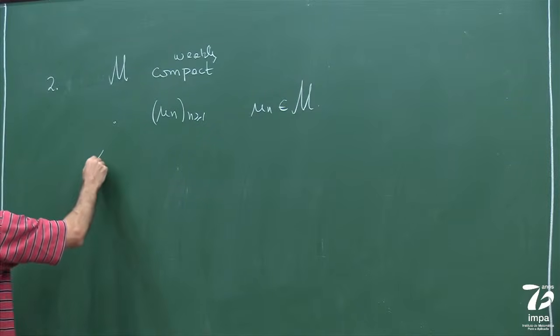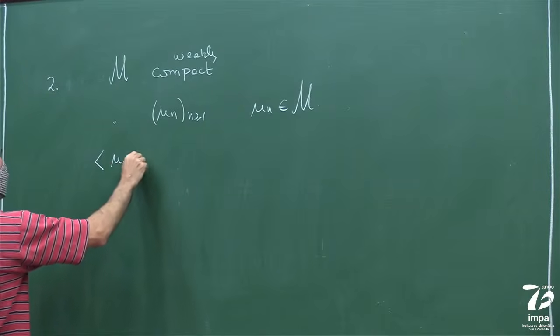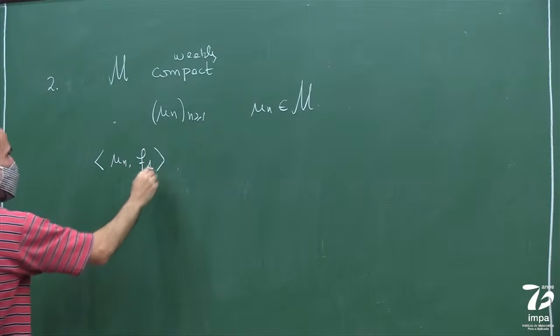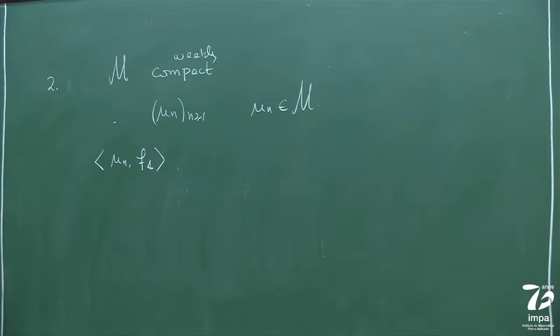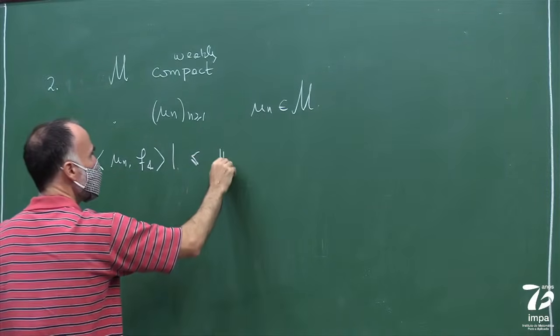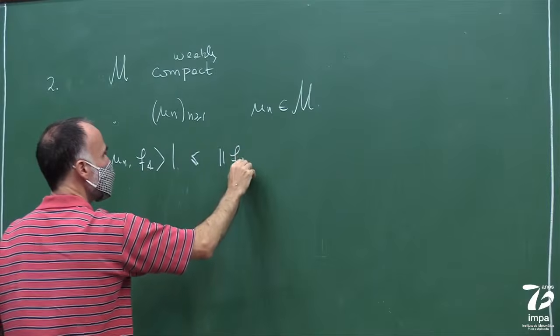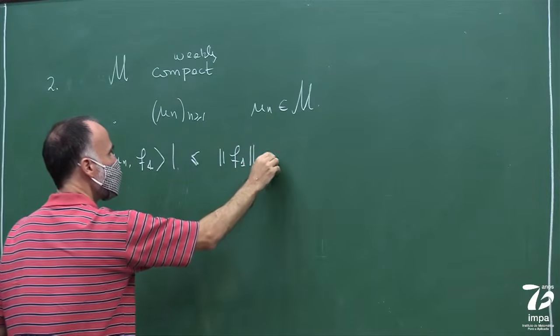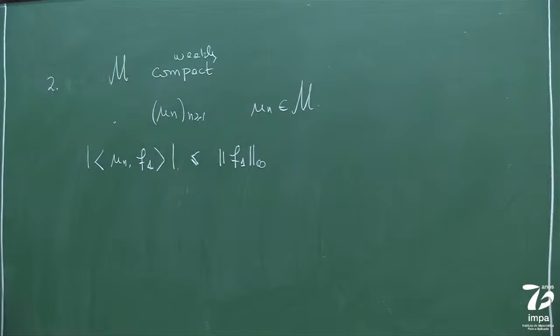So what you do is you take your first function f_1, and you know that this is bounded, right? Because this is bounded by the L infinity norm of f_1. So we have a bounded sequence of real numbers, which means that you can extract a converging subsequence.